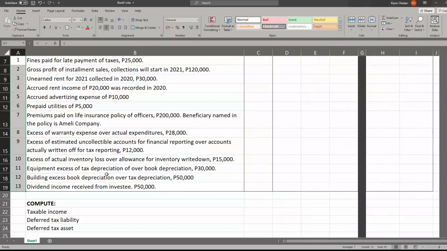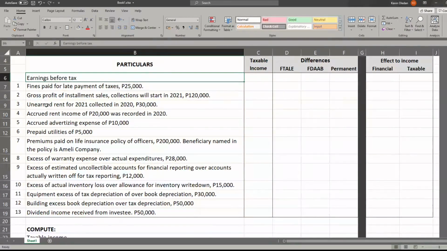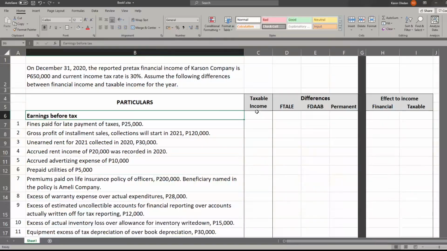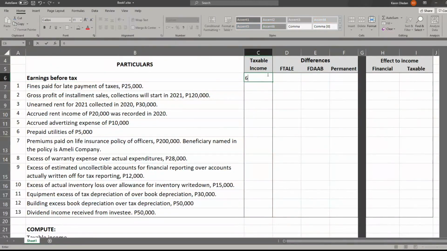Also, I took the liberty of inserting earnings before tax right on top because we are computing taxable income. And with respect to that, the problem mentioned that it's 650,000. So let me just key that in here. 650,000, and let's get to analysis.